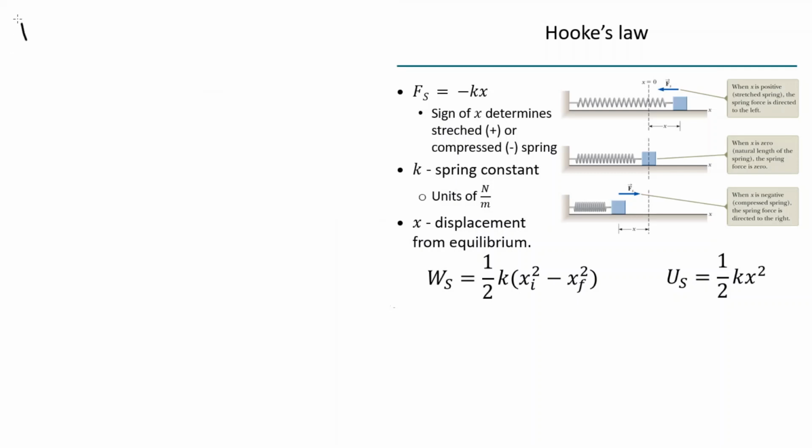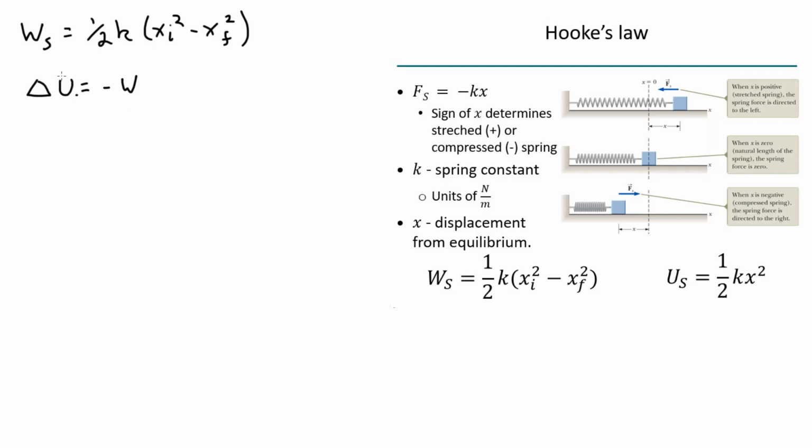So in a previous video, we calculated that the work done by a spring equals 1/2 k times x initial squared minus x final squared. X initial is the initial position of the spring. X final is the final position of the spring. Well, for any conservative force, the change in potential energy due to that conservative force equals minus the work done by this conservative force.